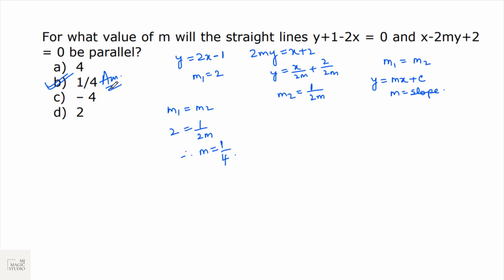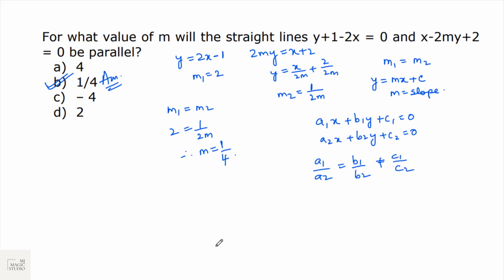Now we have one more method to identify whether two given straight lines are parallel or not. If the two given lines are in the format a1x plus b1y plus c1 equals 0 and a2x plus b2y plus c2 equals 0, these two lines would be parallel to each other if a1 by a2 is equal to b1 by b2, which is not equal to c1 by c2.